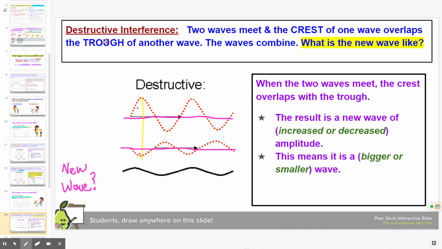Remember we said destructive is destroying, it's tearing apart, it's taking things apart and making the building smaller. And that's what happens in destructive interference. It's going to make the amplitude of the wave smaller. It's going to make the whole wave smaller overall. And we can see that in this visual.